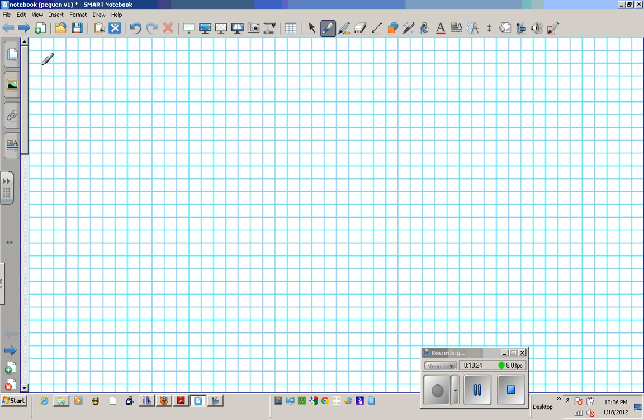What if we have log base 4 of x minus 2 plus log base 4 of x plus 4 equals log base 4 of 7.